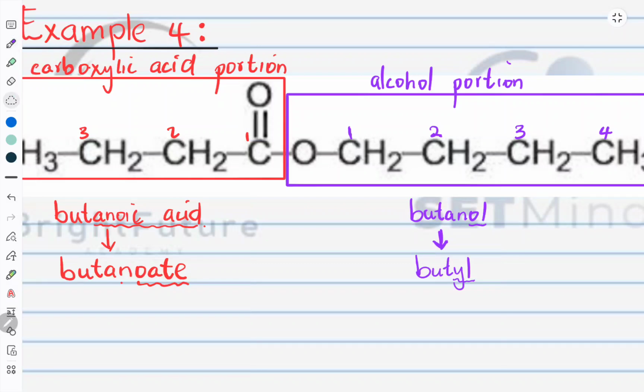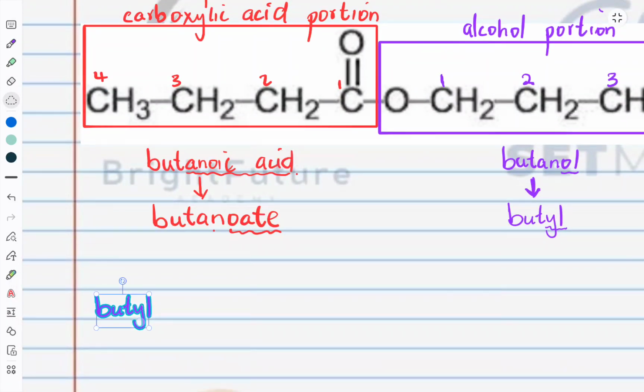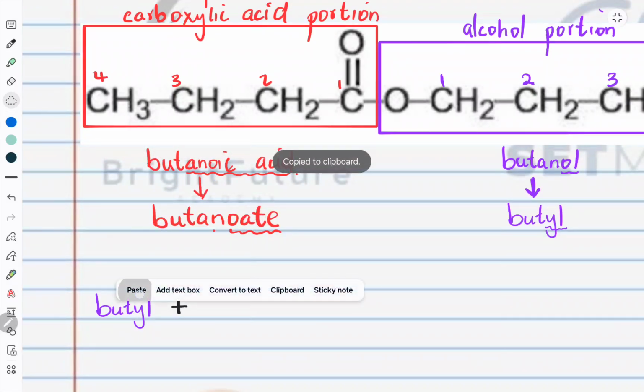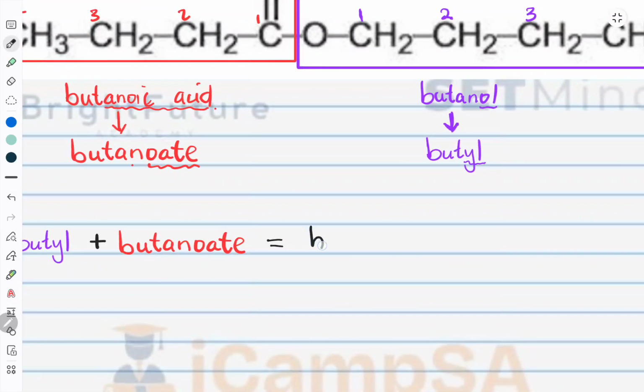Then we take, of course, butyl plus butanoate to get our final IUPAC name. This gives us our final IUPAC name, which is butyl butanoate.